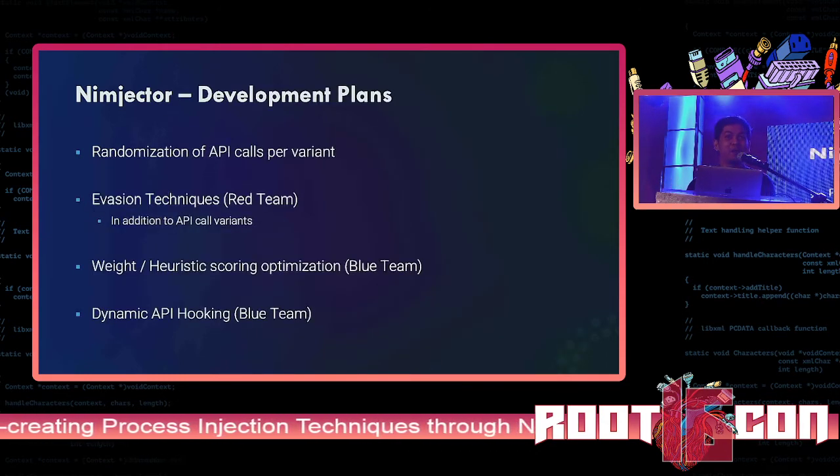So now I've talked about Nimjector. It's now about development plans. Since I just did the tool itself, first it's about my own personal use. I've been using this tool for red teaming purposes, so that if I have a red teaming engagement, I can just fire up this tool, compile my binary and use it for the engagement.